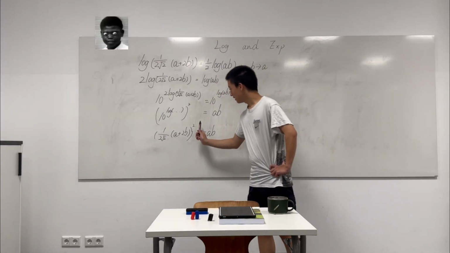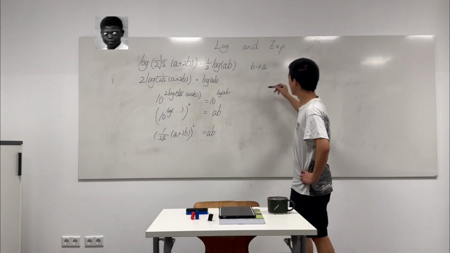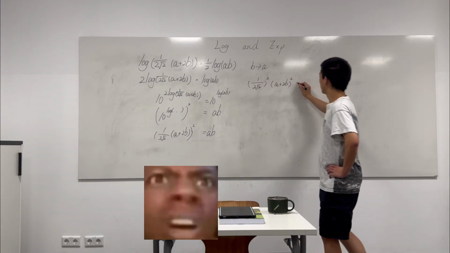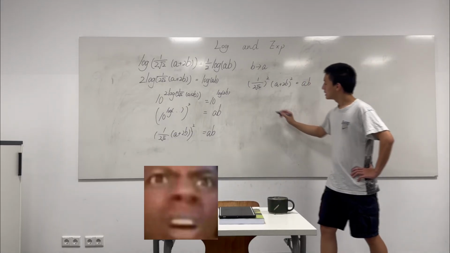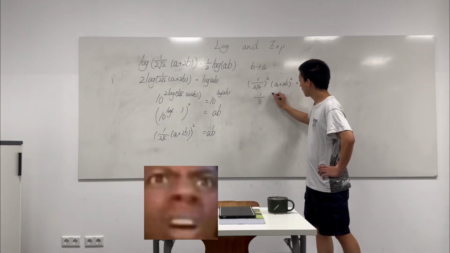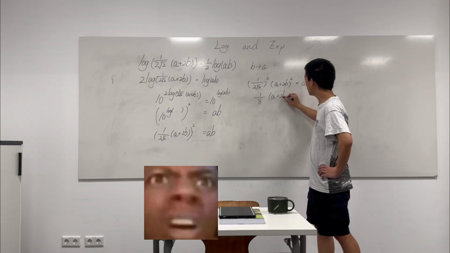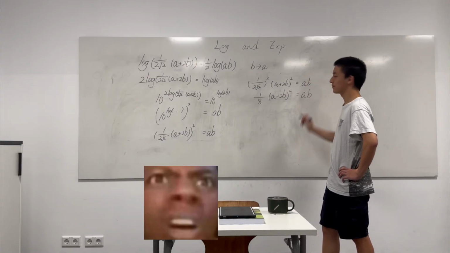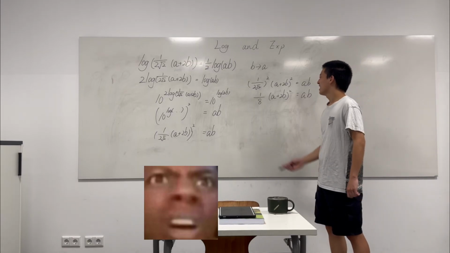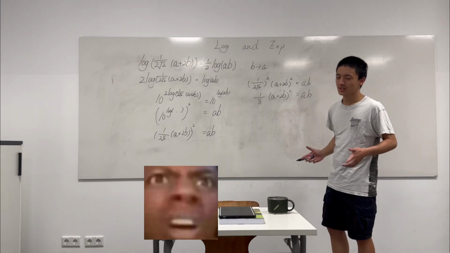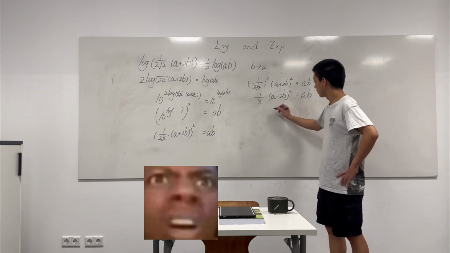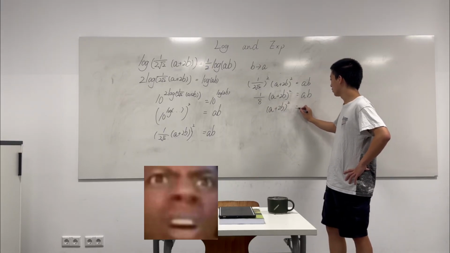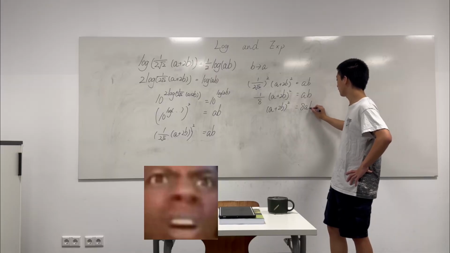Then square root, then 1 over 8 times A plus 2B to the power of 2 is equal to AB. Then here's 1 over 8, a fraction again, so let it disappear. So A plus 2B whole thing squared is equal to 8AB.